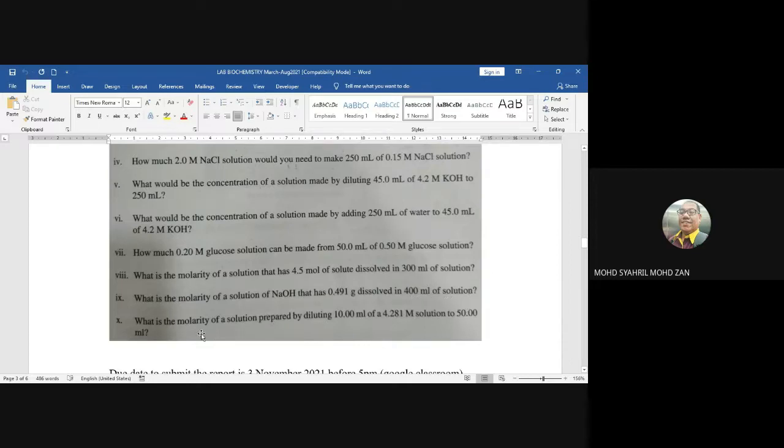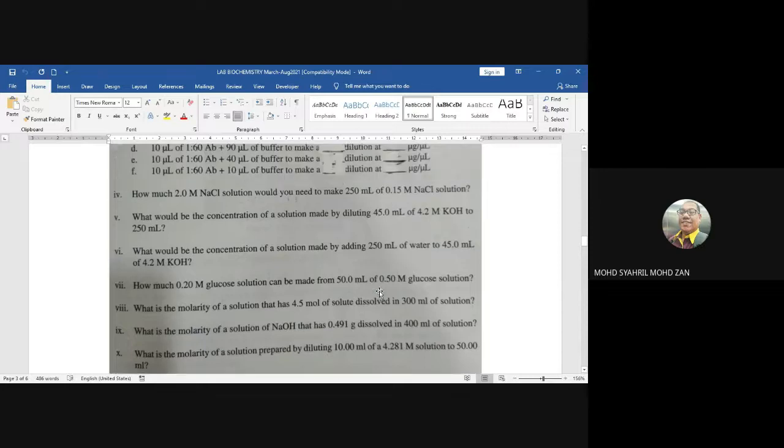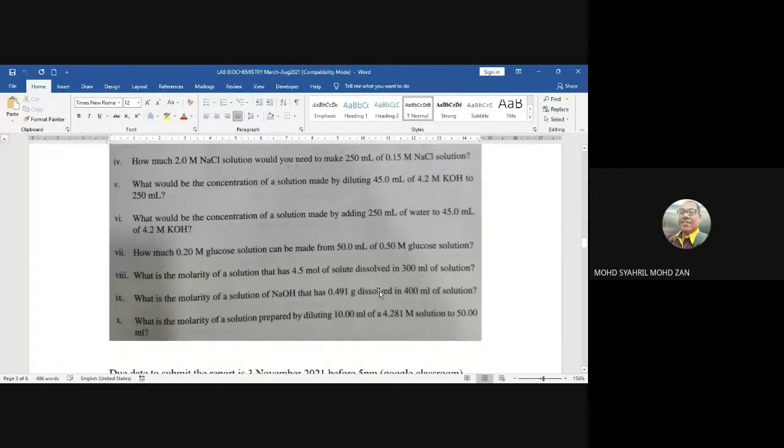Last one. What is the molarity of the solution prepared by diluting 10 ml of a 4.281 molar solution to 50 ml? Tadi awak pakai gram, sekarang ni tukar molar.